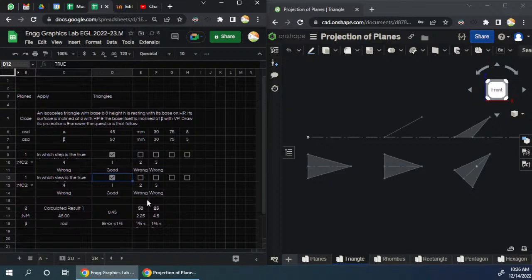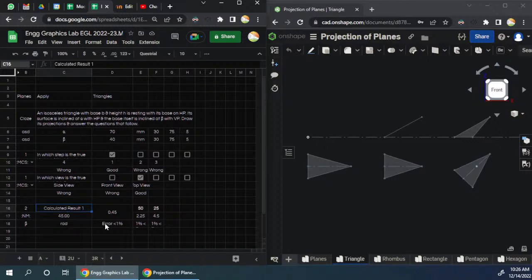Yeah, it's a question, so a question mark has to go. In which view is the true shape visible? So there are actually the side view, front view, the top view. These are the only 3 options for them. This is not an option. So it's going to be visible in top view. Alright, so that's the thing. We'll come back to that.